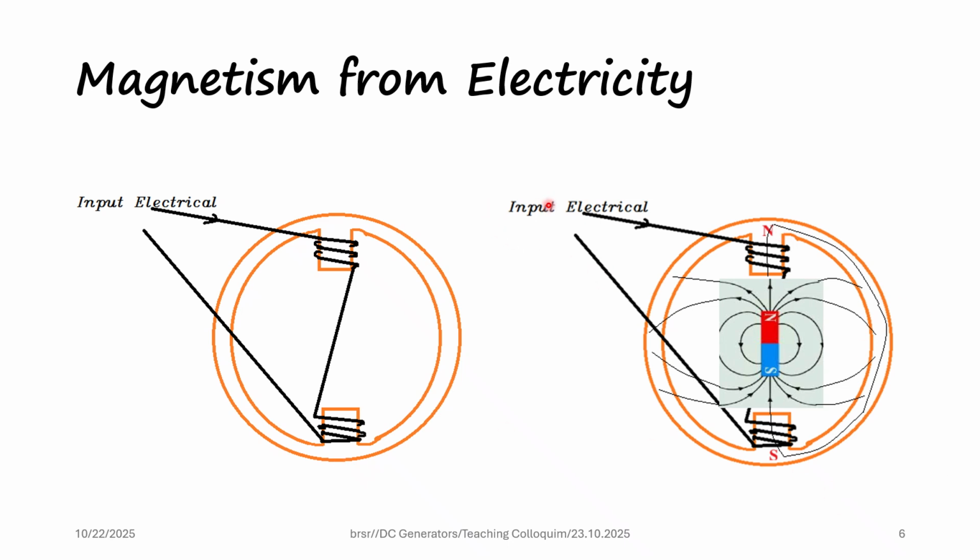After some time, one side would become a north pole and the other side a south pole, and there will be magnetic lines of force. The lines start from the north pole, go through this material and reach the south pole. At the nearest ends of the poles, the strength of the magnetic field is very high.